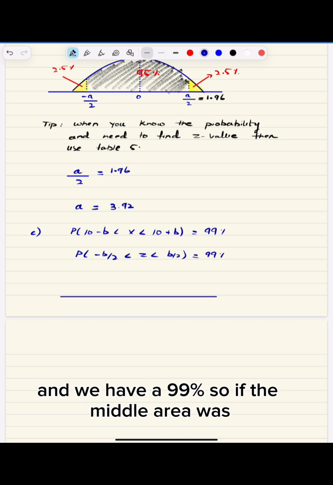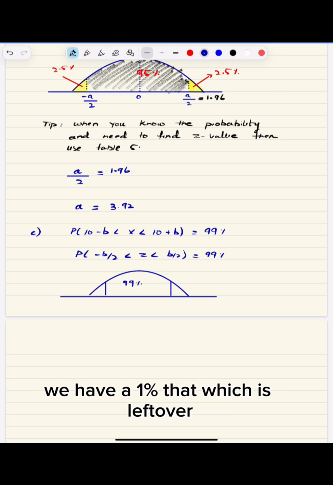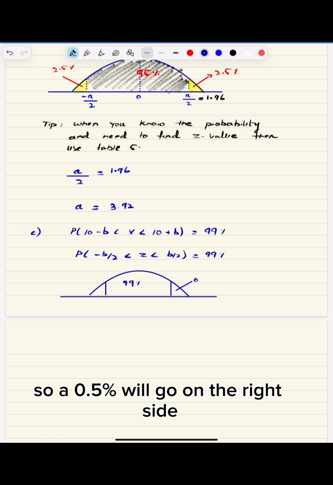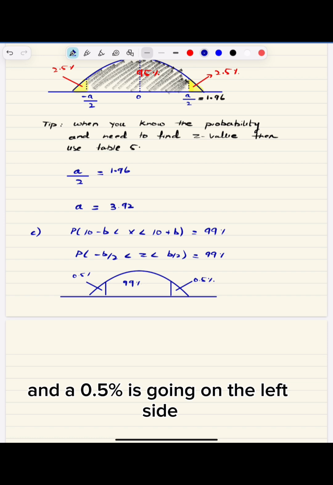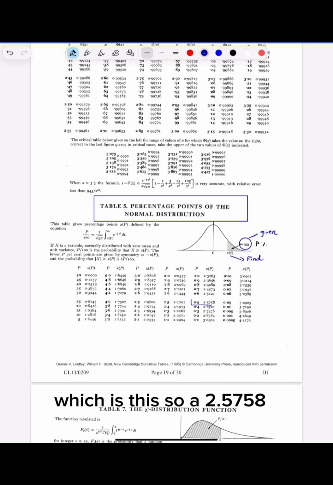So if the middle shaded area was 99%, we have 1% left over. So 0.5% will go on the right side, and 0.5% is going on the left side. So we want to search for 0.5% now, which is this. So 2.5758.